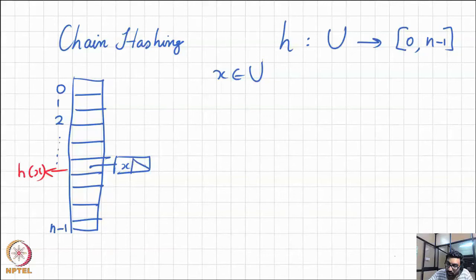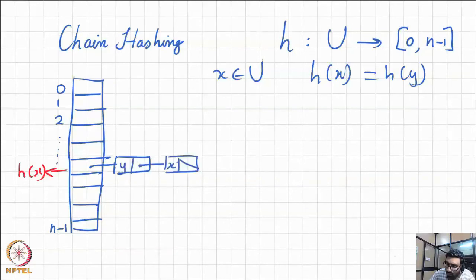So let's say we have two items x and y whose hash values are the same. Let's say that x is already in the hash table, and then we encounter y, and y needs to be added to the hash table. So we insert the item y into the linked list, which is pointed to by the location h of x in the hash table.